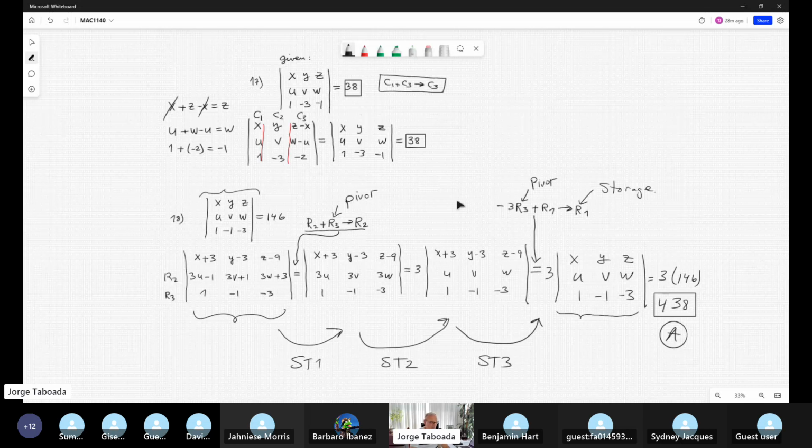Okay, let's practice a little bit now. 19, 20, 21 is an algebra of the multiplication of matrix and inverse matrix. Let's do it.